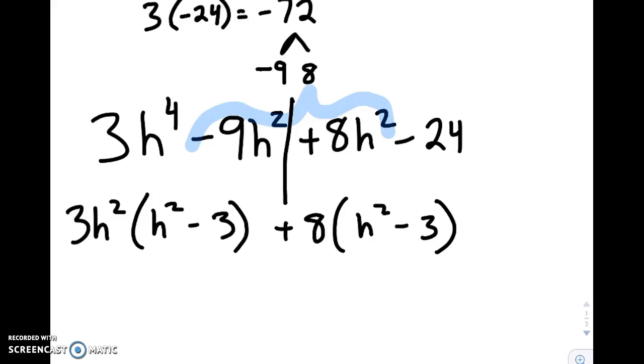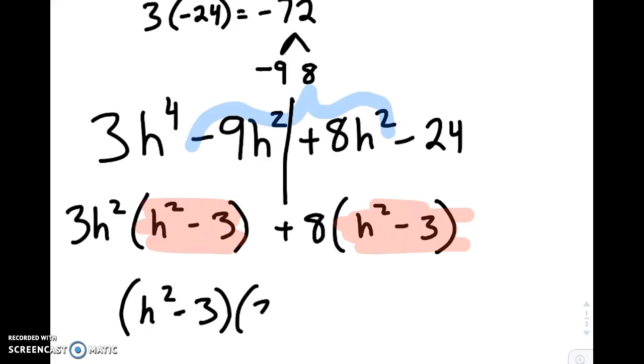Again, you have to have these two terms match up in the parentheses here, otherwise it's not going to factor by grouping, and they do. So we factor that out. I have an h squared minus 3, and then a 3h squared plus 8.